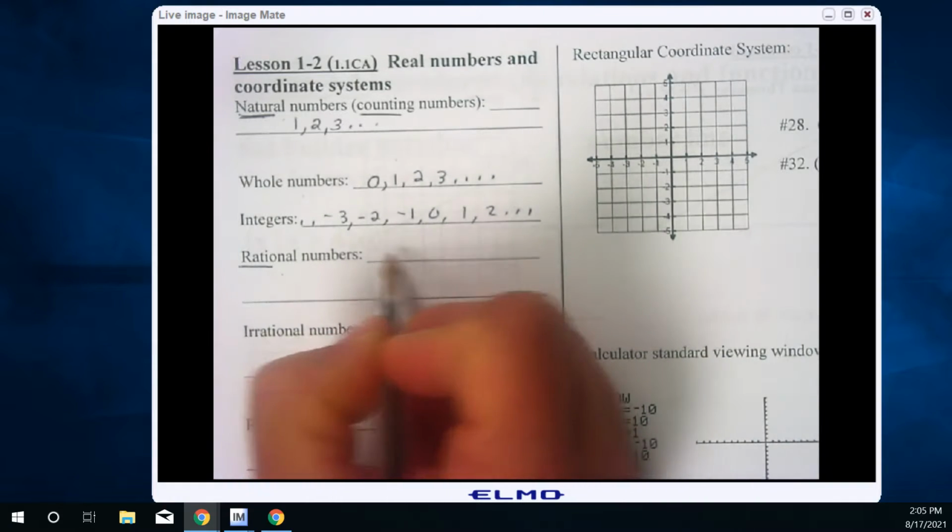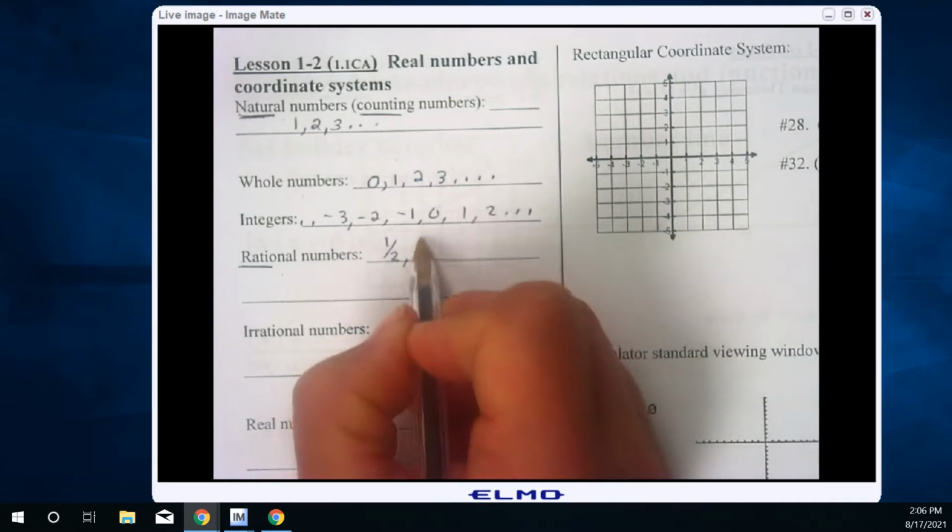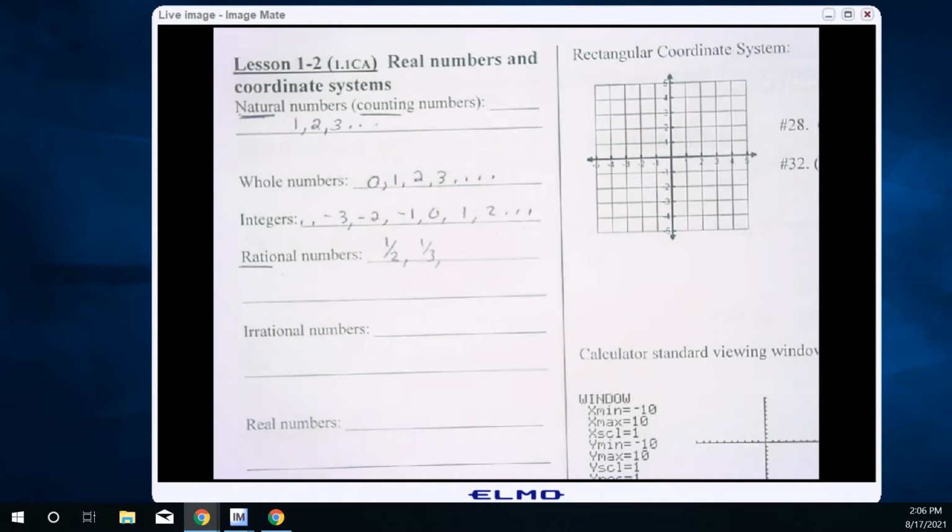Some of you gave me some examples. 1/2, so that decimal was 0.5. A decimal that terminates or stops can be written as a fraction. What about repeating decimals? 0.3 repeating, 0.6 repeating. They can be written as a fraction.